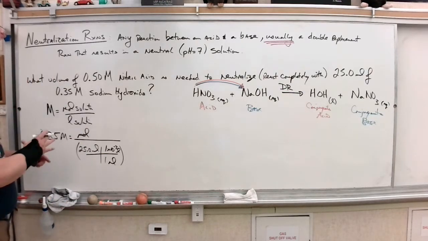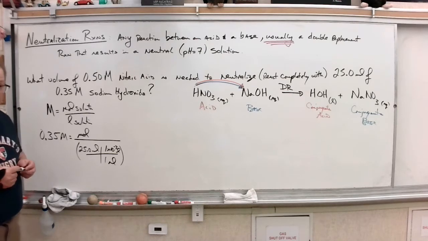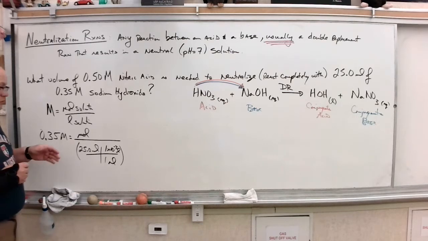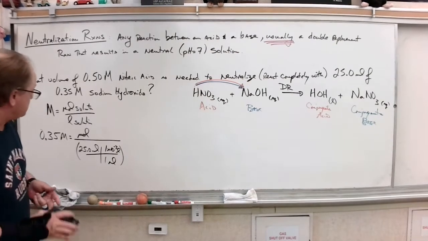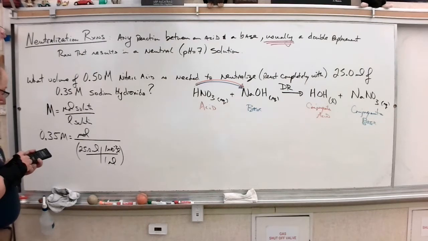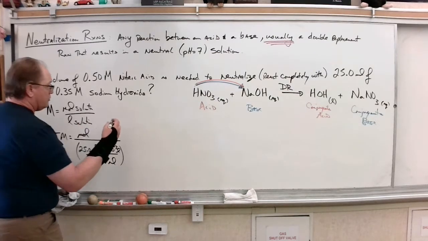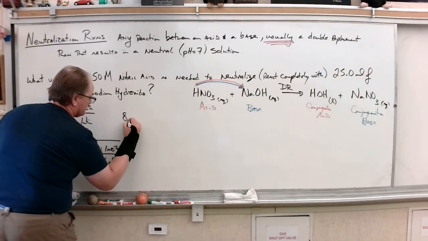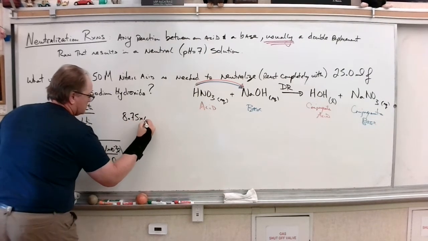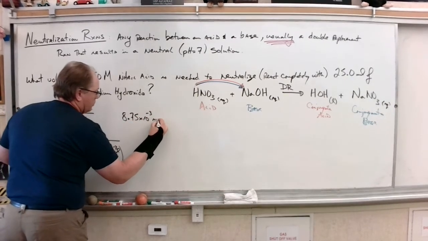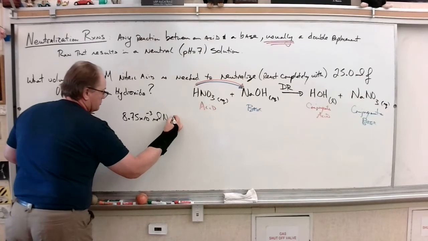I'm doing it here because I'm trying to save space on my board right now. So when I do this fancy math here to find moles, 0.35 times 0.025, I get 8.75 times 10 to the minus third moles of sodium hydroxide.